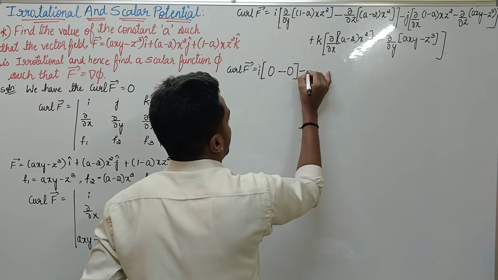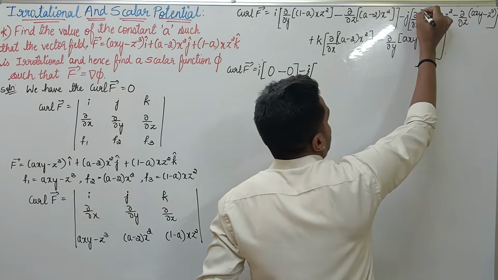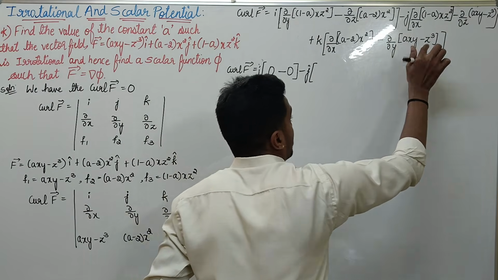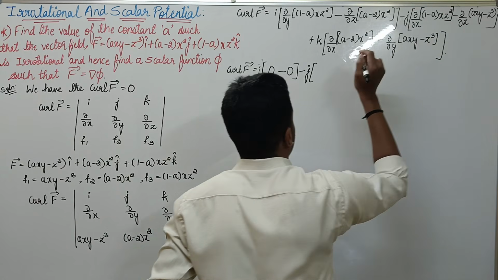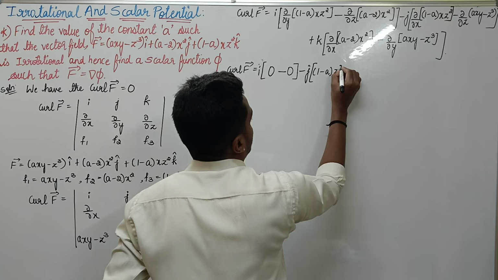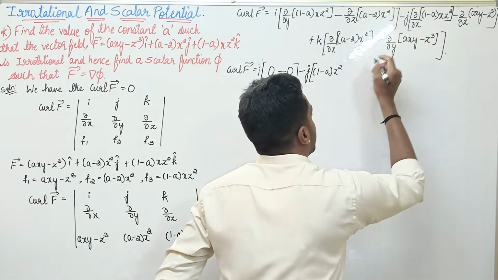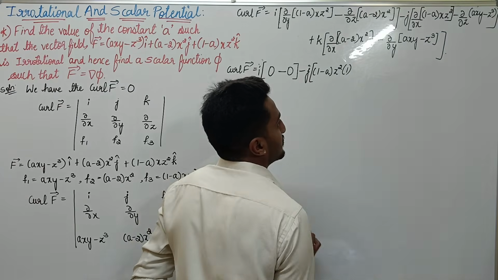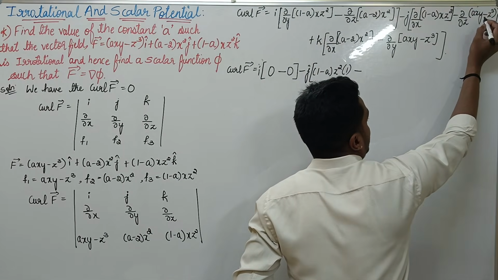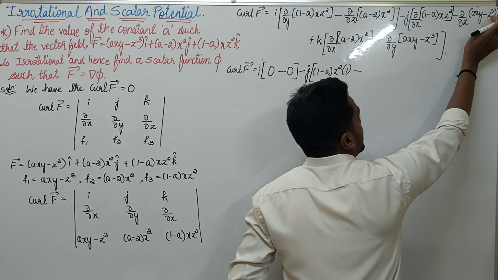Done. Now minus j, let us go with respect to j. Now I need to differentiate this whole term with respect to x, and I have x. So 1 minus a z square remains constant. Now differentiation of x with respect to x is 1. Minus, now I need to differentiate this whole term, but we have two terms in this, that is axy minus z cube.